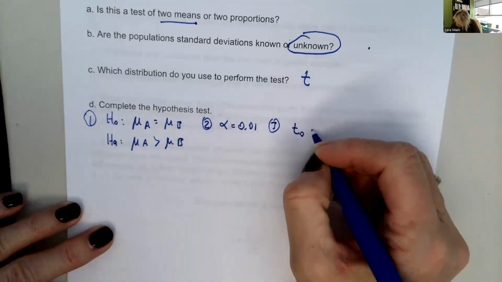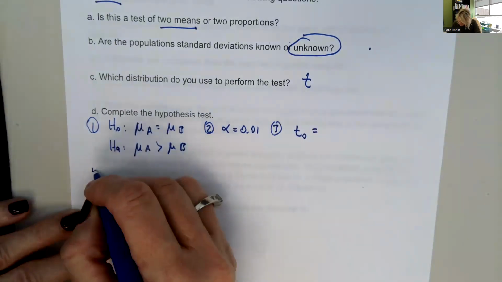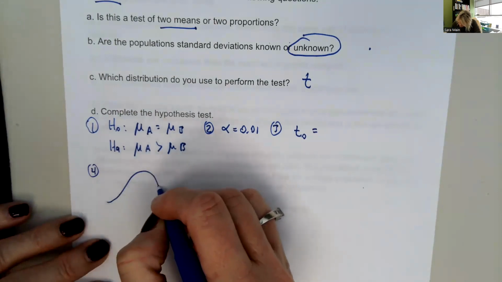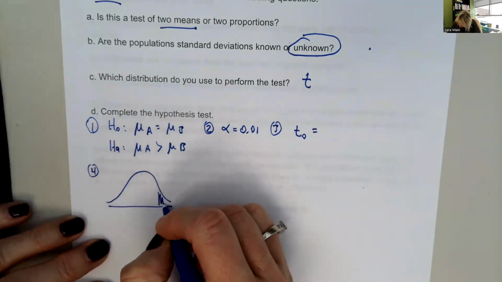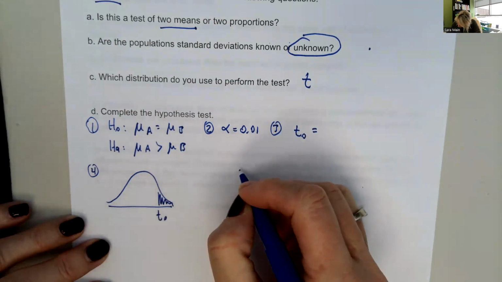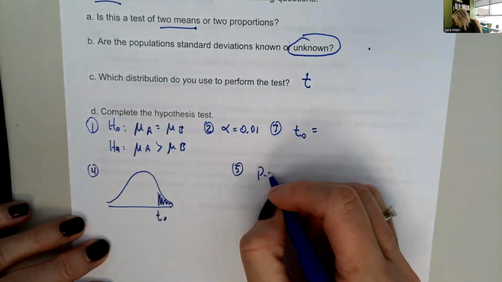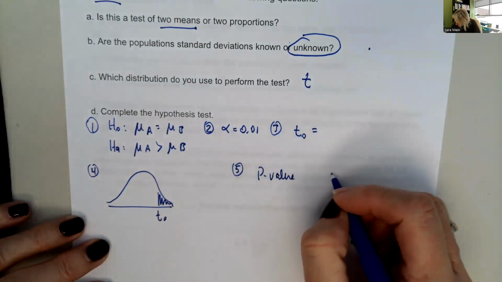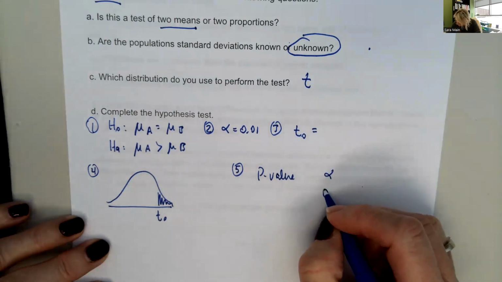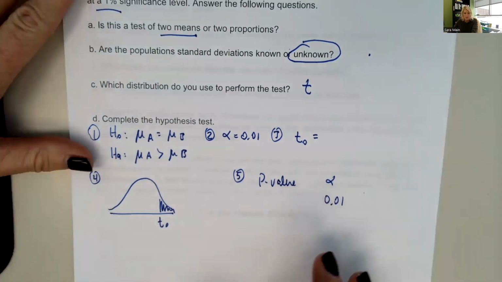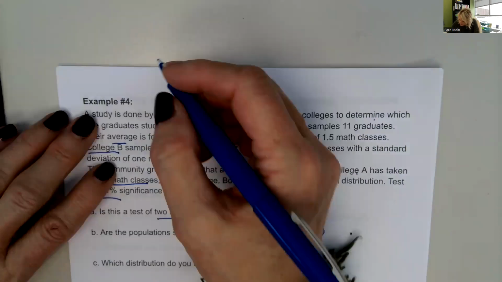And so we're going to go to the program and get our test statistic. But we can draw our picture here, and then get ready to compare our p-value to our alpha, which is 0.01 this time. Before I put everything into the program, I'm going to label it up here.